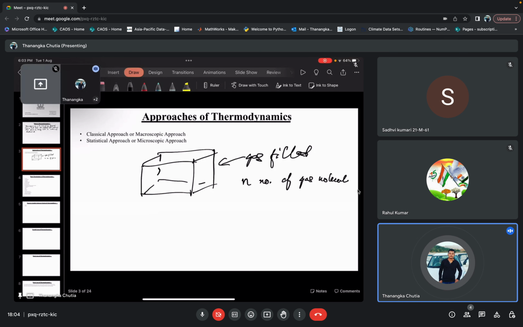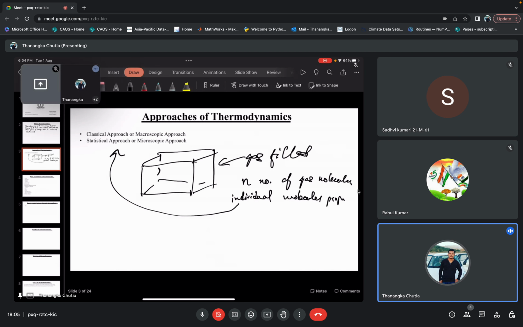If I'm interested in the properties of all the individual molecules, then this becomes the statistical or microscopic approach. In that case, you need a very good grasp of statistical parameters like mean, standard deviation, and so on, in order to calculate parameters like pressure, temperature, volume, etc. But in the classical approach, we take an overall estimation.